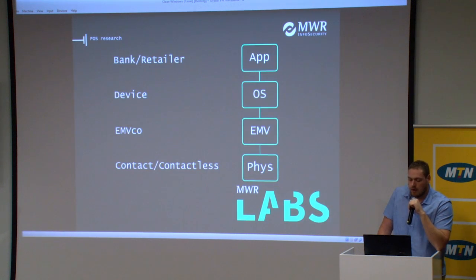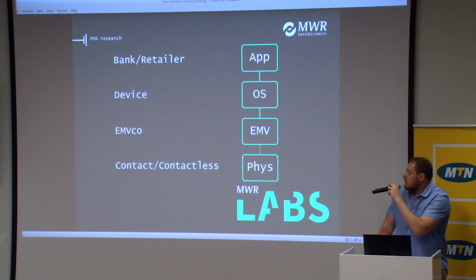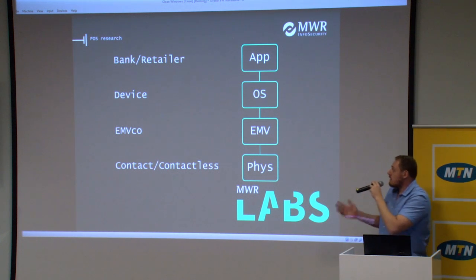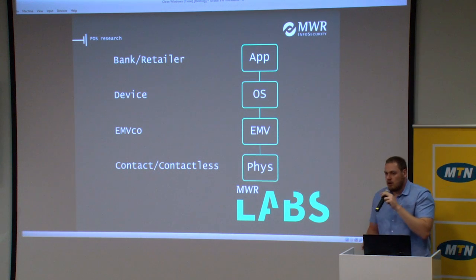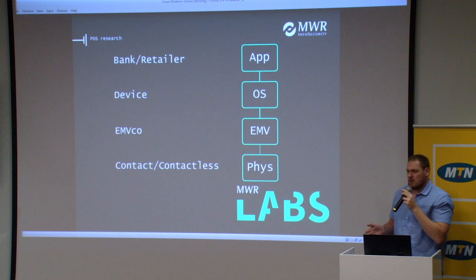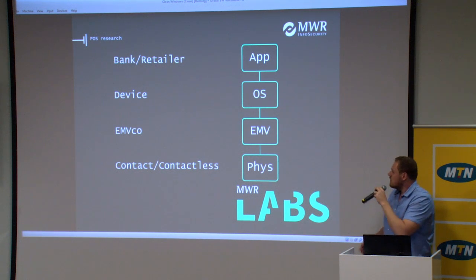So by looking at the POS terminal in general, we can see that it has a specific application running on it, usually issued by the bank or the retailer. It has an OS on it, usually an ARM 7, or I think the new ones are even ARM 11, so that's usually a Unix-based operating system.